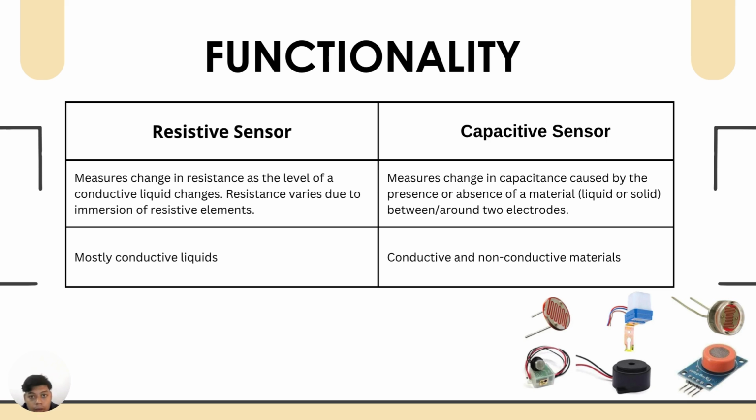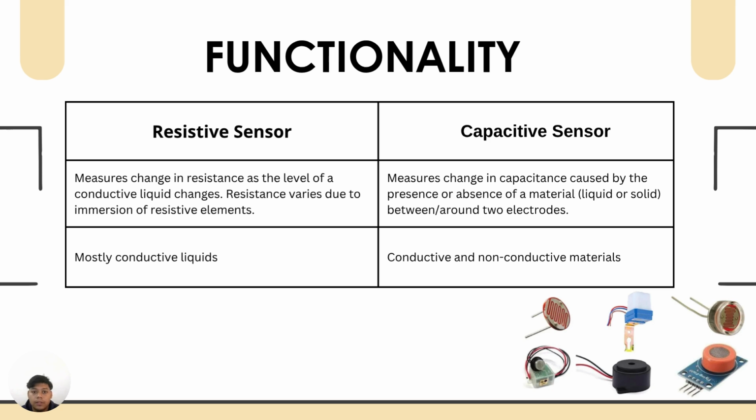A resistive sensor, which is also called a conductive or resistance-type level sensor, works by measuring the changes in electrical resistance when a conductive liquid touches the sensor probe. The principle is simple.